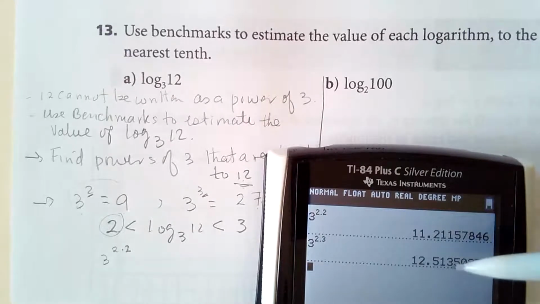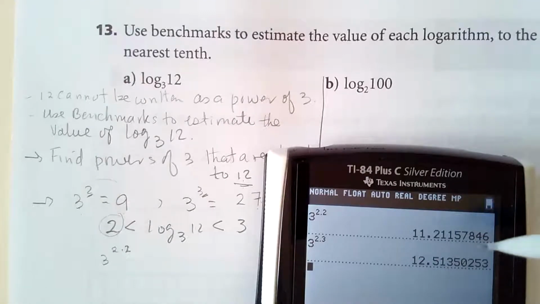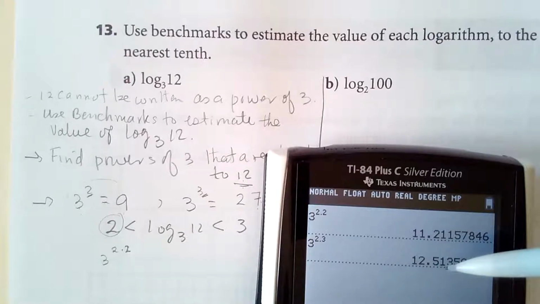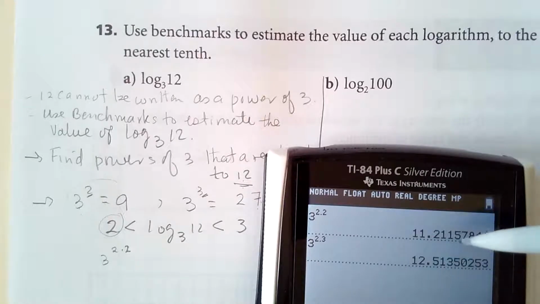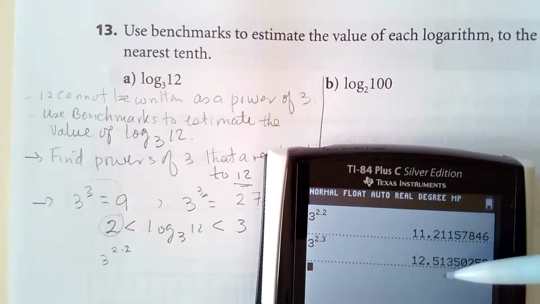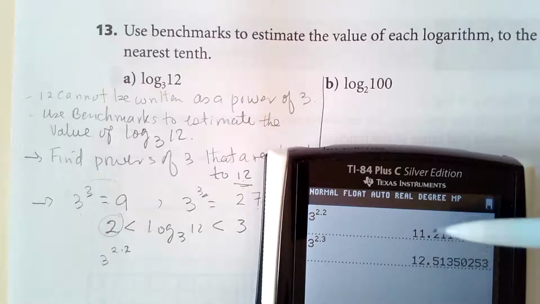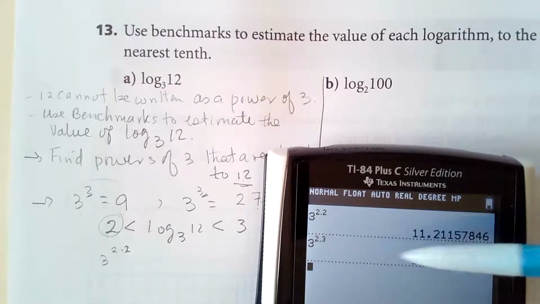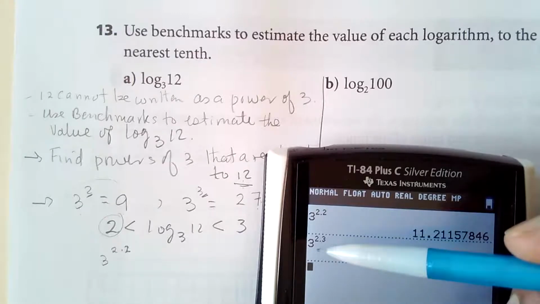Now notice 2.3 gives 12.51, and 2.2 gives 11.21. No, 11.21 is much farther away from 12 than 12.51. 12.51 is only 0.51 away, while this is roughly 0.79 away. So we'll use 3 to the power 2.3.